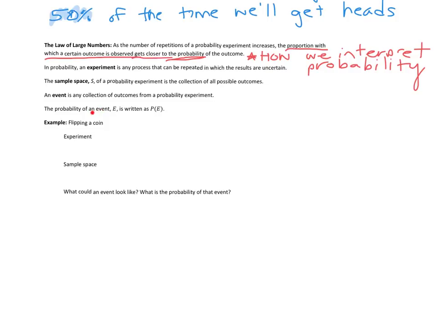And when we're talking about the probability of event E, we write it like function notation, P of E. All right, so let's break those definitions down, again with our flipping a coin example. The experiment is flipping a coin. The sample space, we can use S, and again we can get heads or tails.